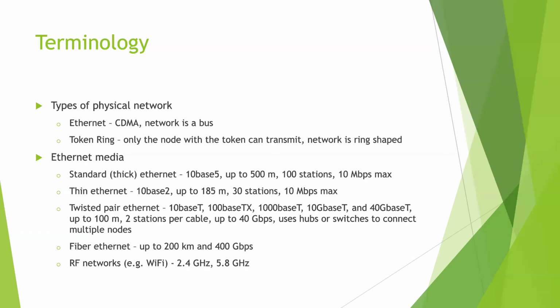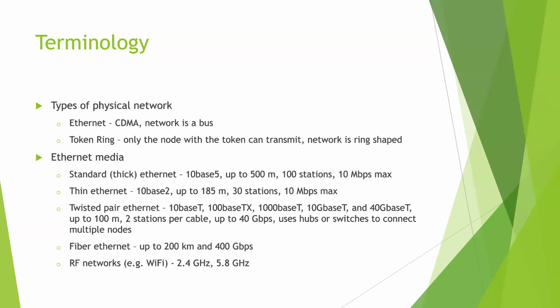And then your transceiver would clamp onto that. And so your transceiver was a little box, probably about yay big. And then there was an AUI cable that went from there to the Ethernet card in your computer, and then your computer could be on the Ethernet. Oh man, that was 10 megabits per second maximum.